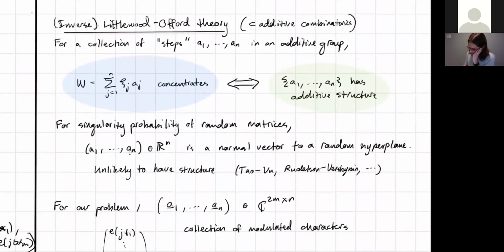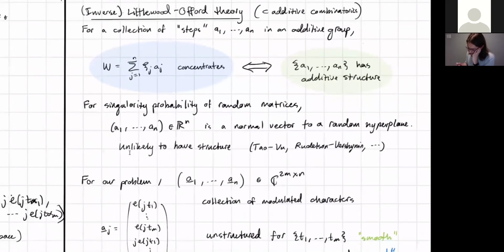Just as a brief nod to the techniques that go into controlling the characteristic function, this really draws on techniques from additive combinatorics. There's a whole sub-area of additive combinatorics called Littlewood-Offord theory. The whole theme is to relate the distribution of walks such as ours. Here we had these vector steps, and say we consider Rademacher coefficients.